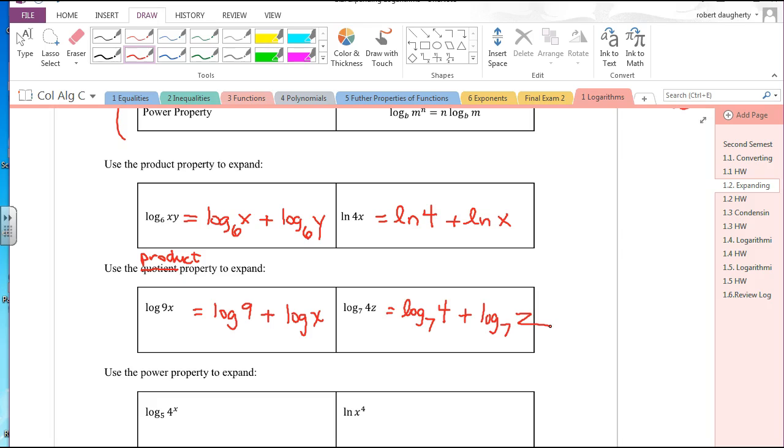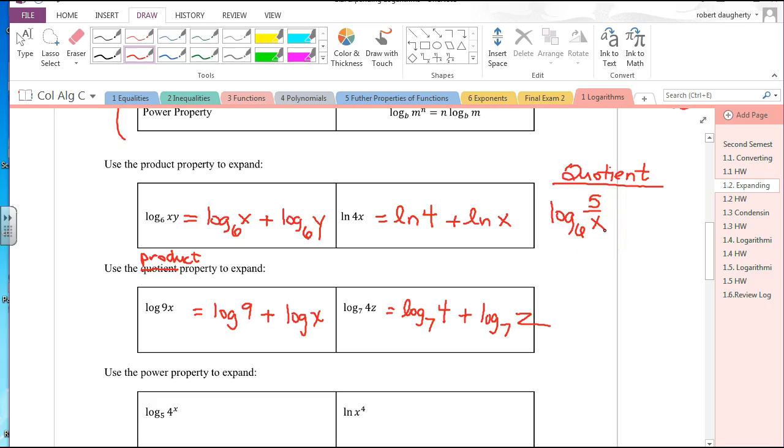Now, since I didn't have quotient, let's just do a couple of examples of a quotient. What about the log base 6 of 5 over x?